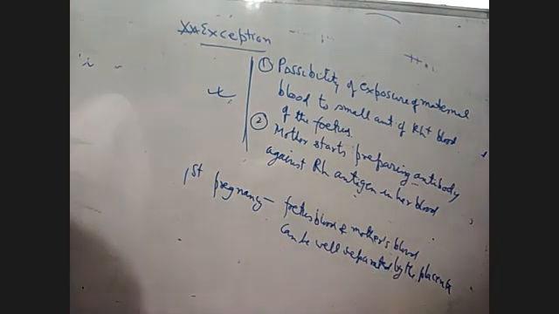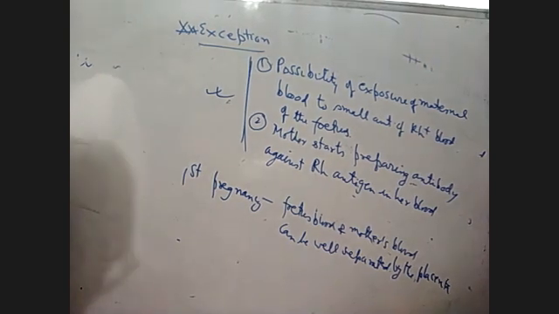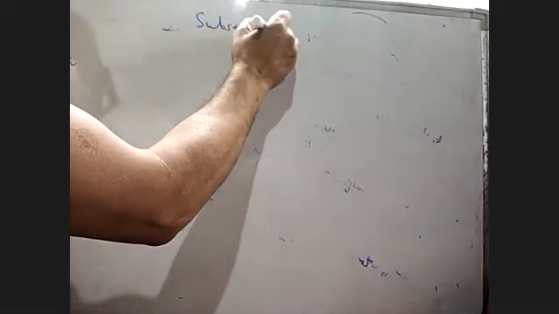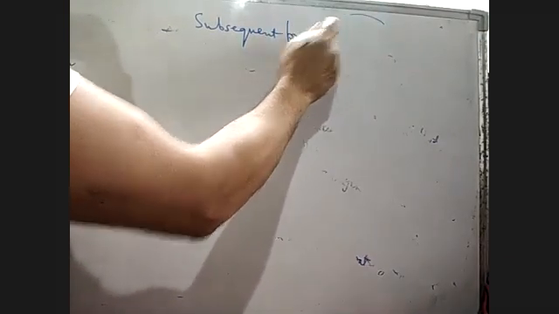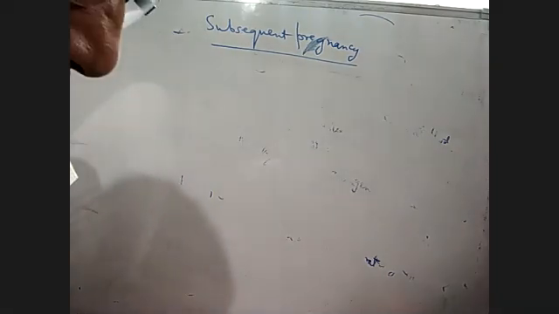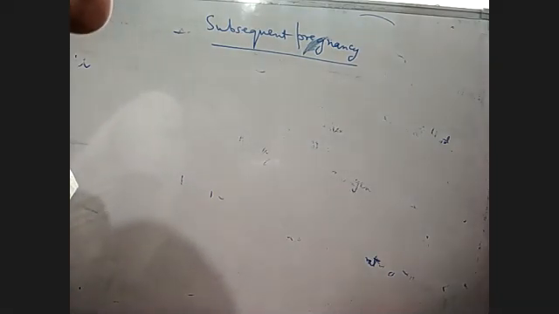Now, in the subsequent pregnancy, what happens? Here we find that the Rh antibody from the mother, who is Rh negative, can leak into the blood of the fetus.